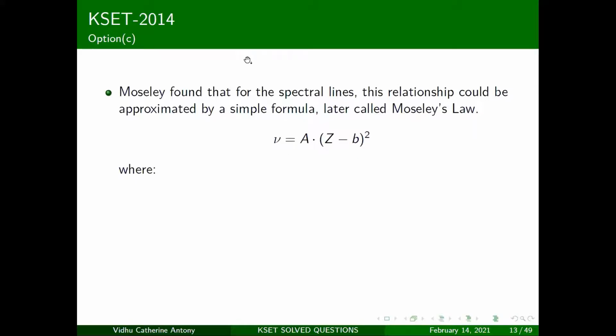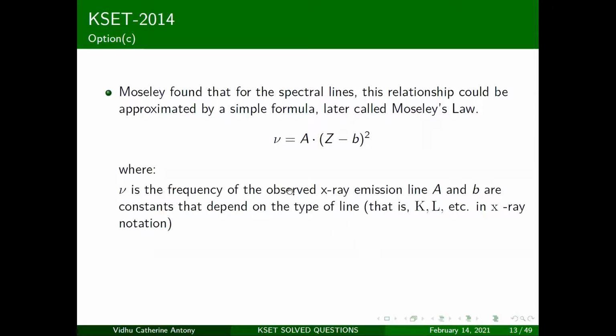So it's basically the full formula for the one that you saw previously: the square root of the frequency is proportional to Z, if you take the square root on both sides. Now, nu is the frequency of the observed X-ray emission line. A and B are constants that depend on the type of line. We would have seen that the first orbital is named K shell, the second is named L, the third is named M, and so on.